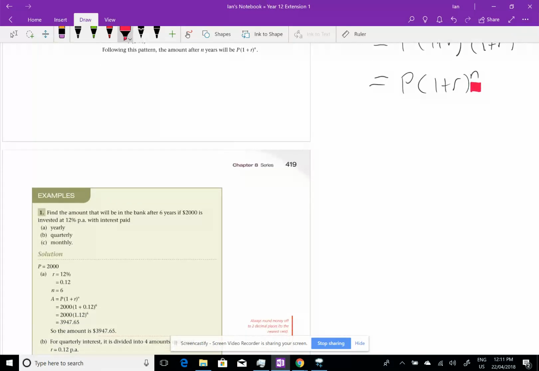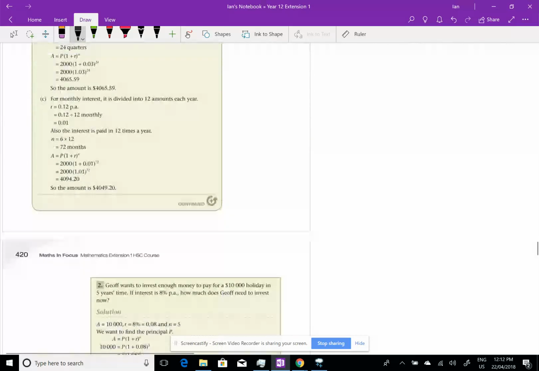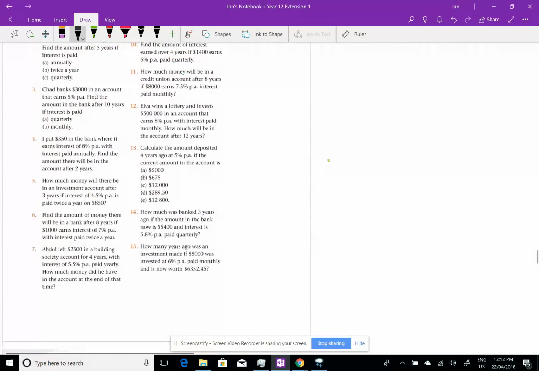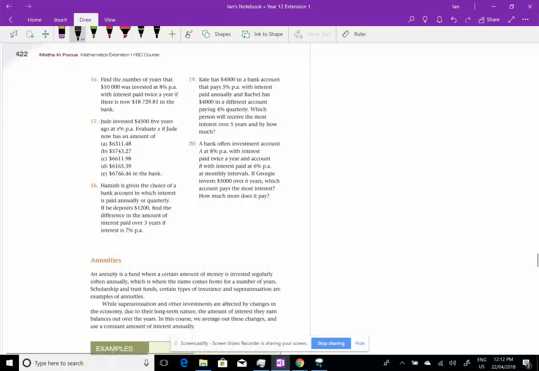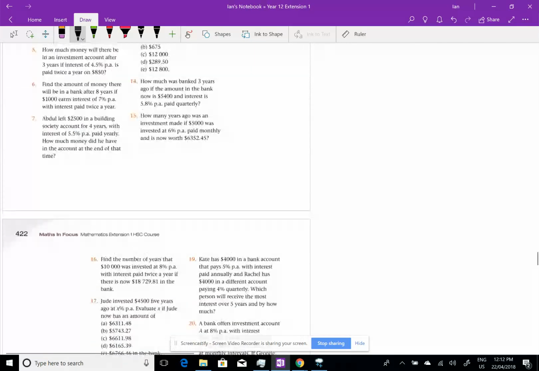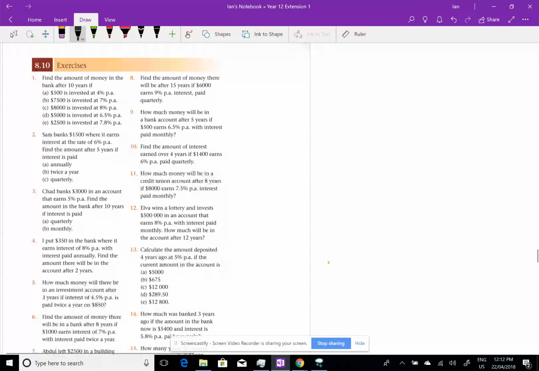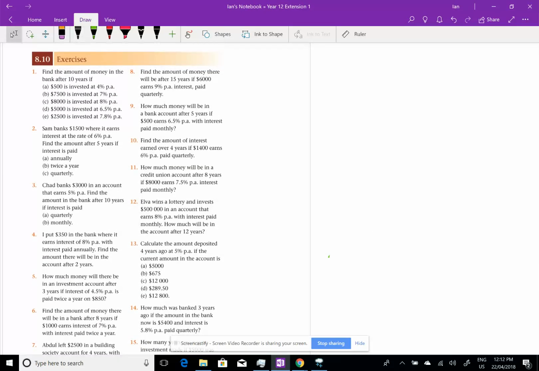It's in the power, so we have to use logs to solve it. Now, there are only 2 questions, so I'd like you to have a go at them on your own. I'm pretty sure there are only 2 questions, and they're 15 and 16. We're going to do all of these questions, so I'm going to start off with some easy ones. Question 1 is too obvious, so I'm going to start with question 3.